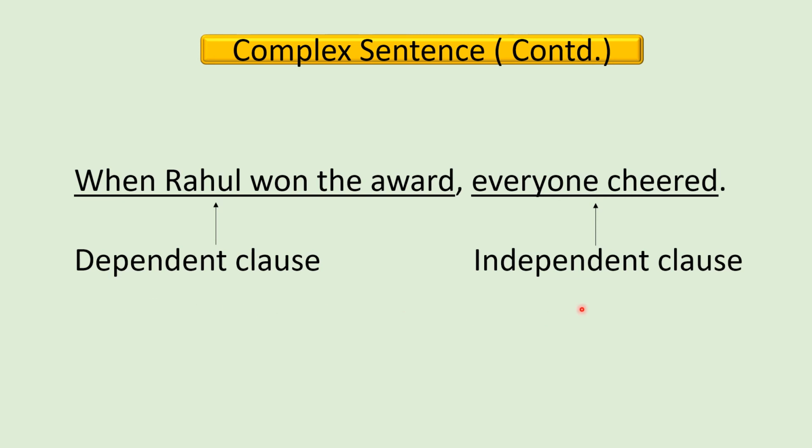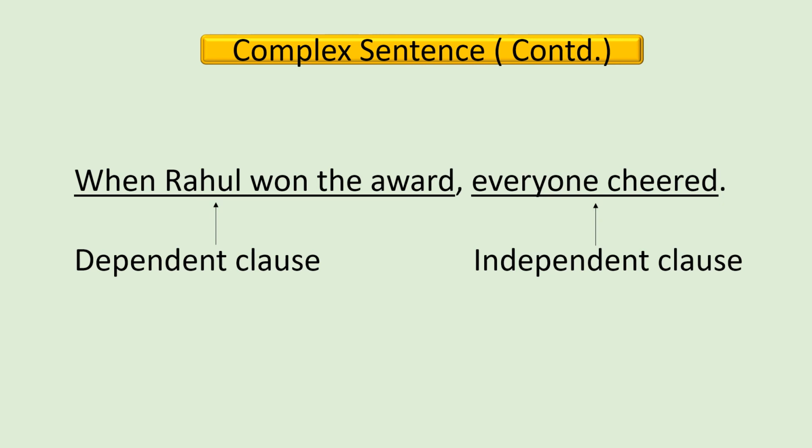In other words, a complete sentence, an incomplete sentence. So this dependent clause is depending on this sentence. You know the meaning of independent and dependent? Yeah, you should know. So everyone cheered is your independent clause. When Rahul won the award is your dependent clause.